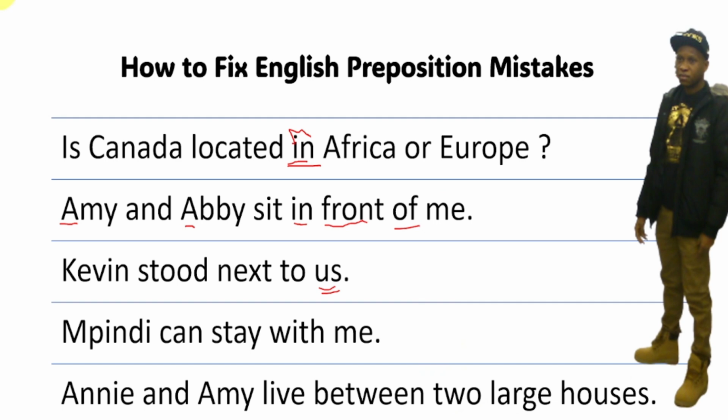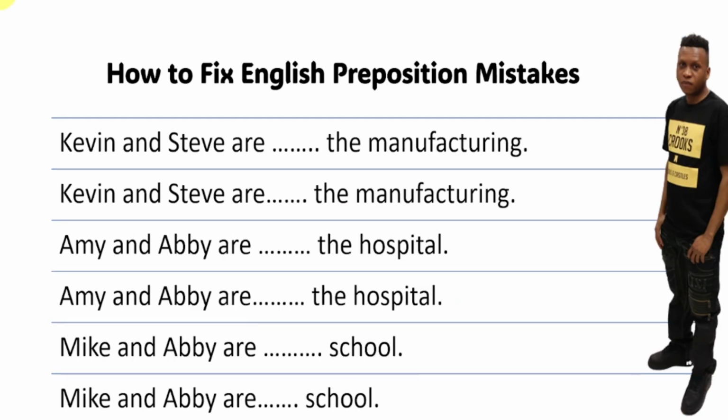Okay? We come here. Kevin and Steve are blah blah blah the manufacturing. Kevin and Steven are blah blah blah. Amy and Abby are blah blah blah the hospital. Mike and Abby are blah blah blah school.